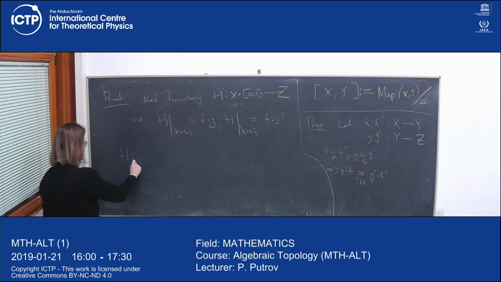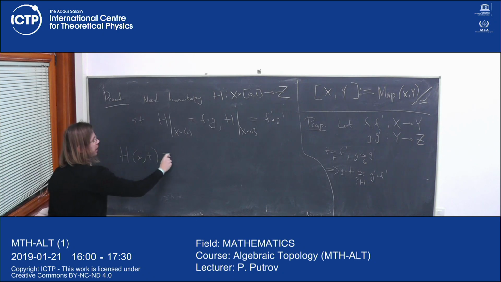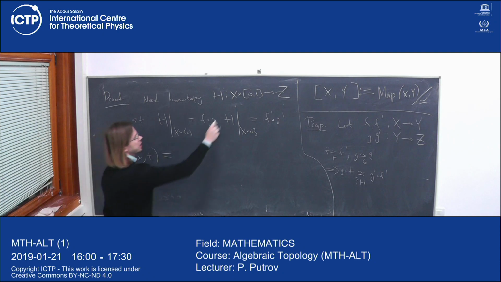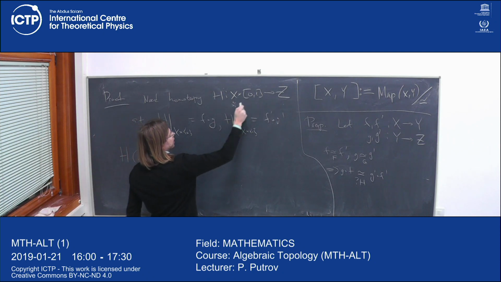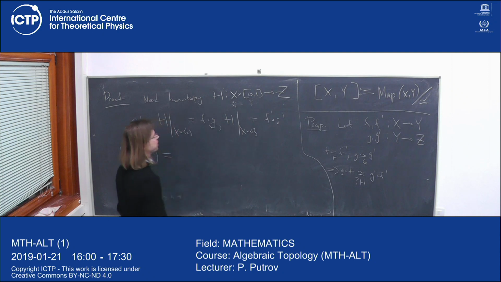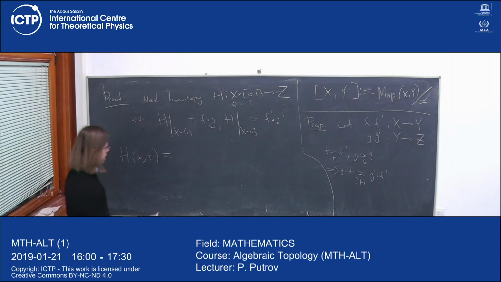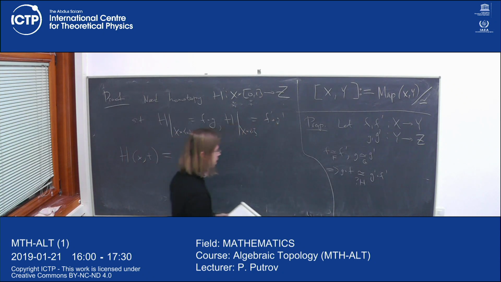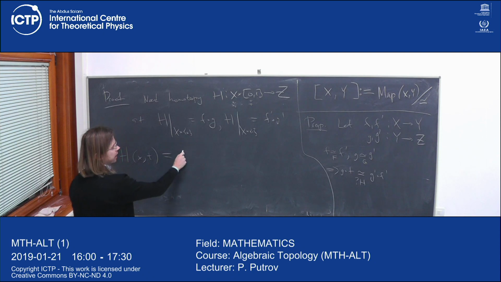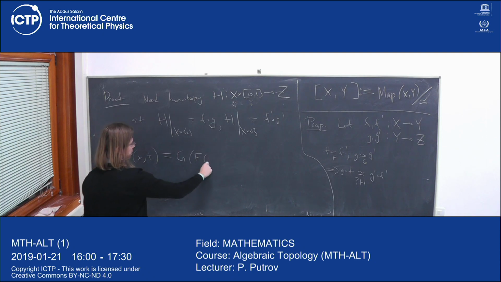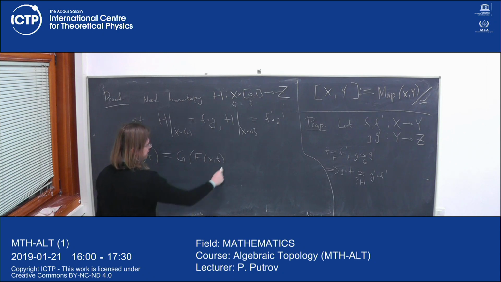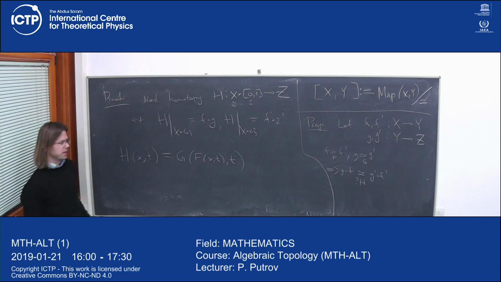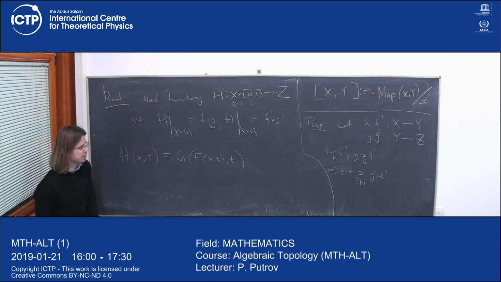And again, we can just explicitly write this function. The small x will be an element here, and small t will be an element here. H of x and t is equal to, using the given homotopies F and G, we can just write G of F of x, t, and t.